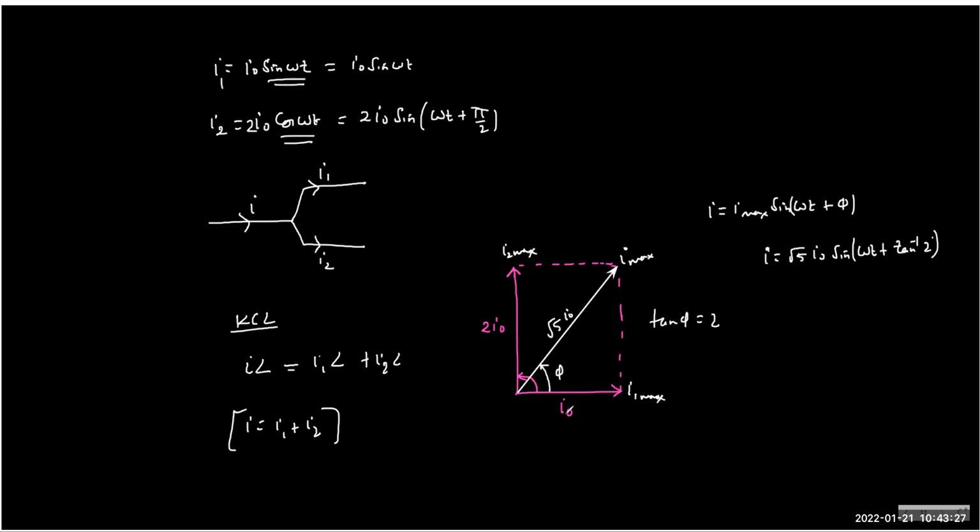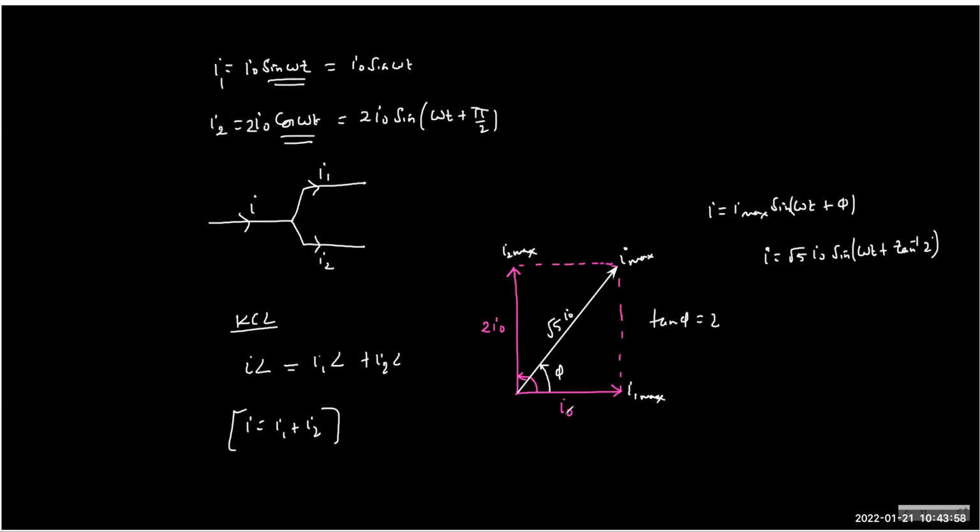Is this clear to all of you guys? Are you okay with the addition concept here? Whether you add potential differences of voltages, or whether you add current, what you need to understand is that everything will have vector behavior, and this vector behavior is not because they are AC.